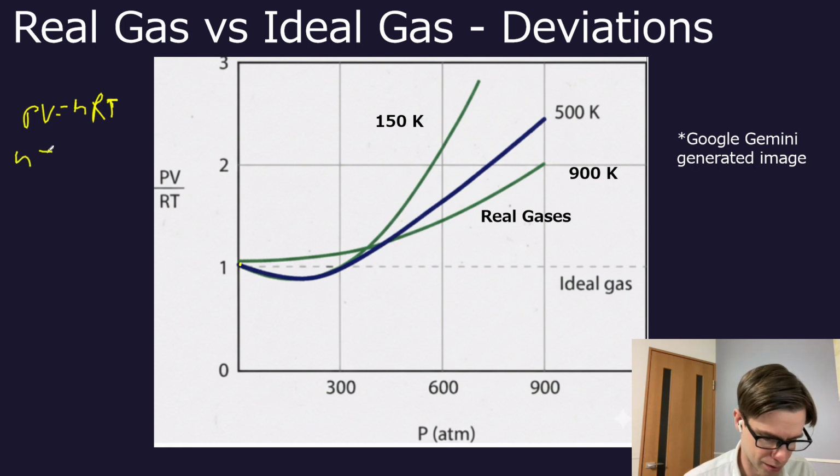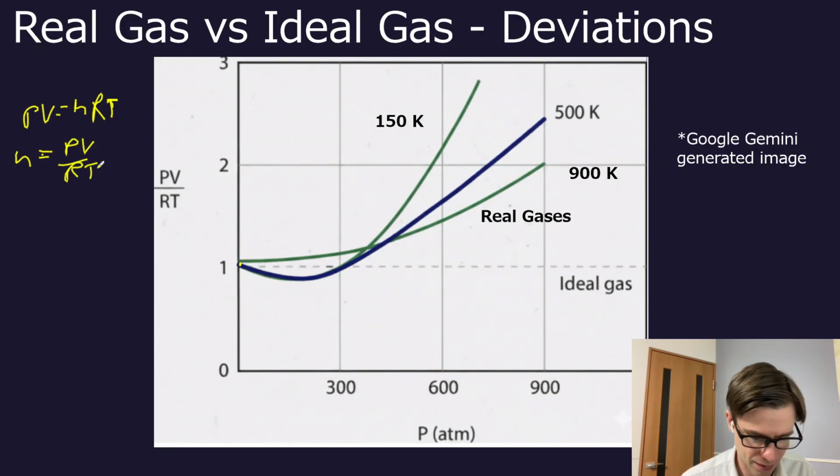So you can just rearrange this for n: n equals PV over RT. That's what we have on the y-axis of this graph. And we're going to say that we're working with 1 mole of gas.